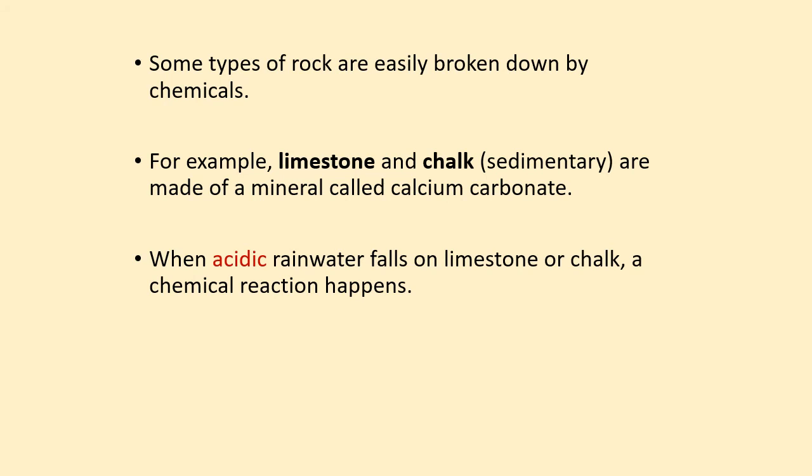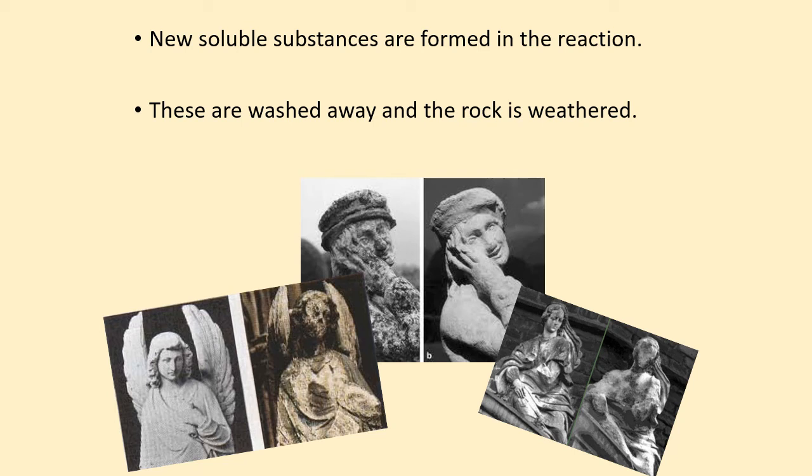And we can see signs of that reaction having happened. If we look at statues over time, we can see that they make new soluble substances, so that means that they dissolve, and those are washed away, and we describe the rock as being weathered. So acid rain will cause statues to lose some of the definition that they started with, and so faces will lose their features. And this can happen to buildings as well as statues.